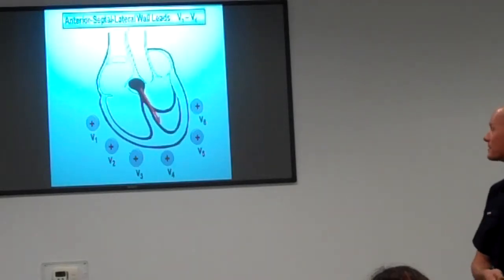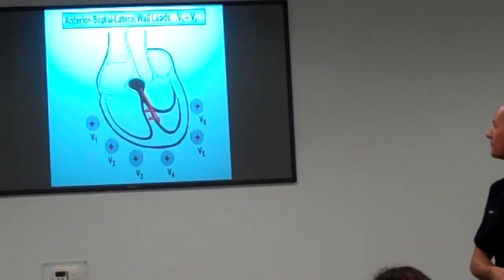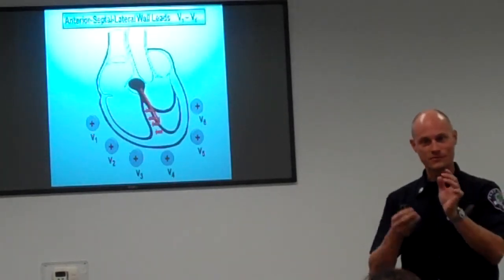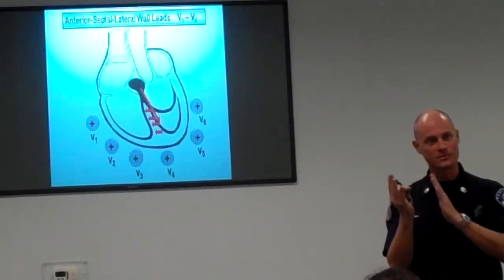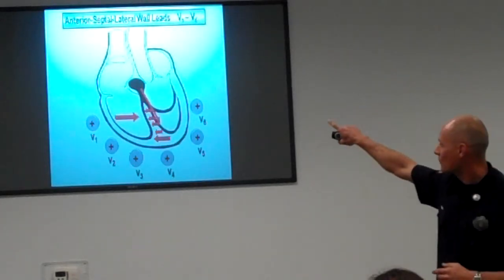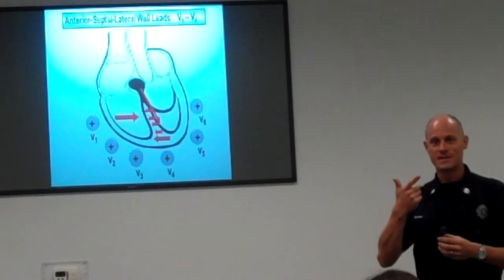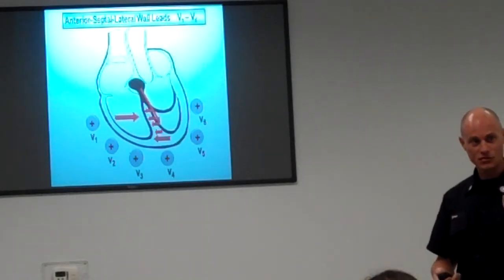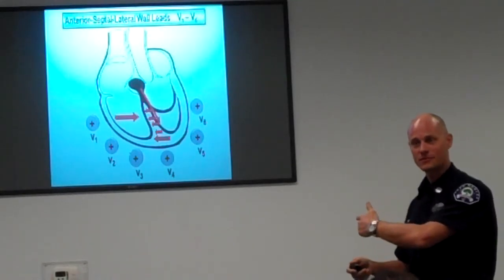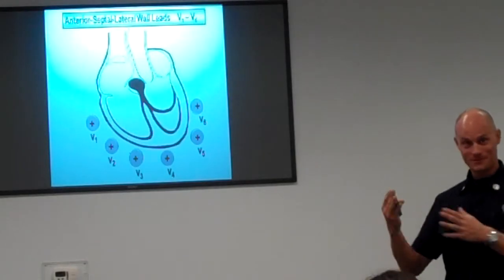It actually doesn't. So we go down the left bundle branch, and then the electrical impulse moves across the interventricular septum, just the big piece of meat that goes right between the left and the right ventricles, right? It comes across, hits the right bundle branch, follows that nice clean little highway, and then zips through the right ventricle and contracts it. The electrical impulse continues back to the left ventricle. So that's what happens.